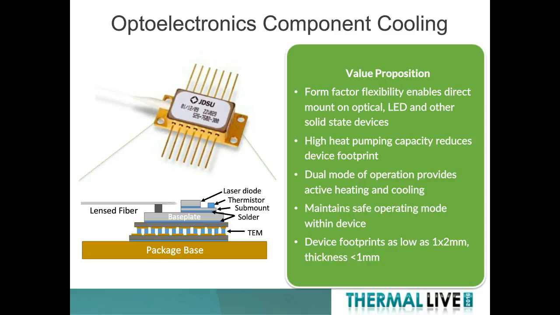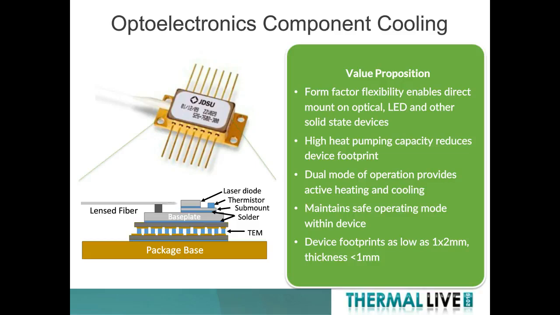So they are widely used, but these are very precision devices, and precision integration methods have to be used to make these packages. Generally, in these cases, the TECs are mounted in a co-bar package, as shown in the lower picture.